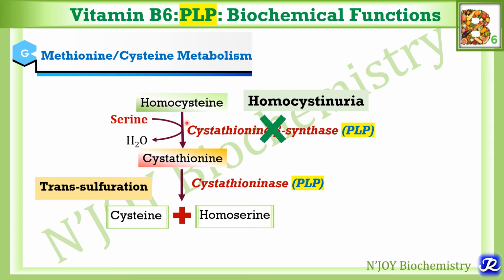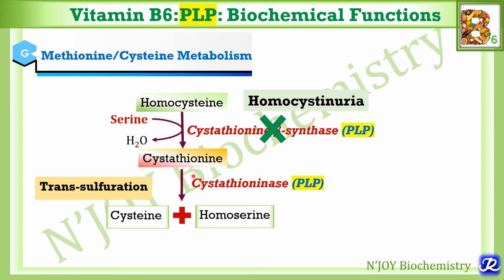Then the homocysteine cannot be converted to cystathionine, and cystathionine cannot be further converted to cysteine and homoserine. So there will be an increased level of homocysteine in the blood. It will lead to homocysteinemia, and that will be excreted through the urine, resulting in homocysteinuria.